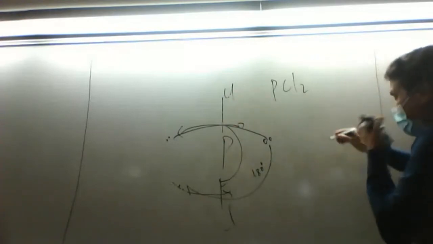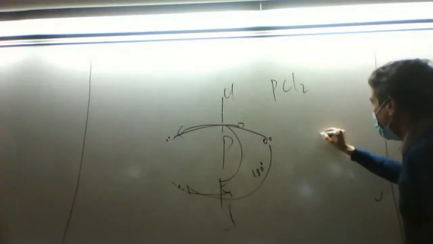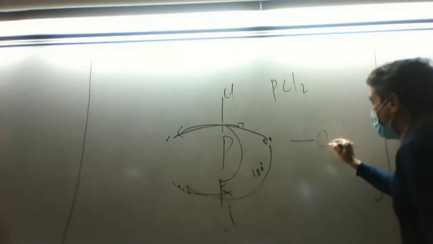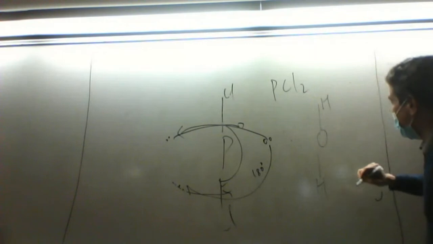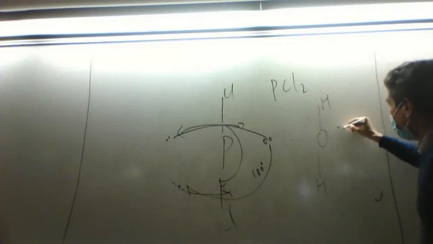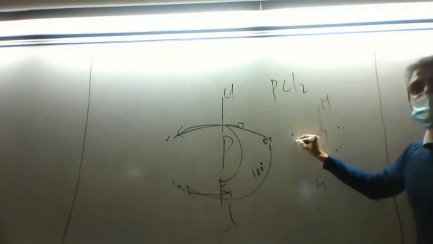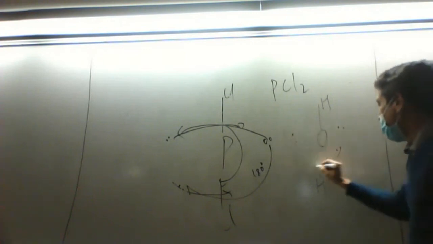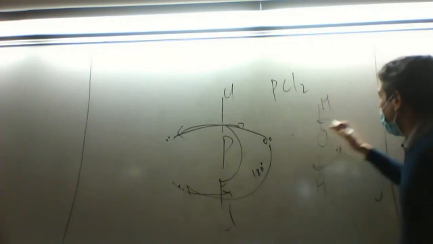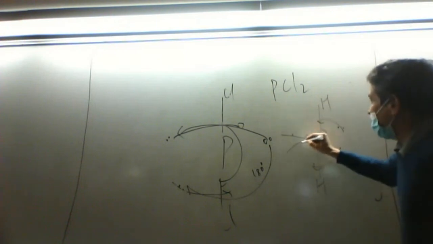But if you look at water, so this is the water. So let's talk about the water. This is a hydrogen, the water, and then there is one pair. There is no lone pair here, only two pairs here, right? So there is no other pair. So this will push this one, this will push this one, and then it bends to be like this.